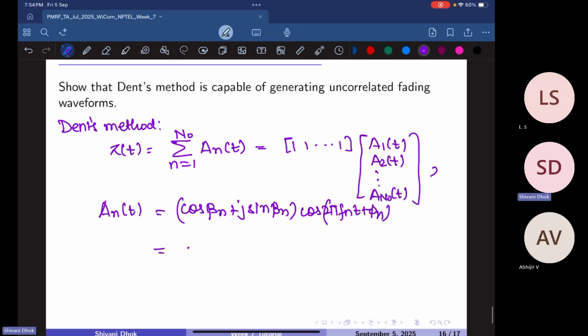For notational simplicity, I'll just write it as e power j beta n into cos of 2 pi fn t plus phi n.